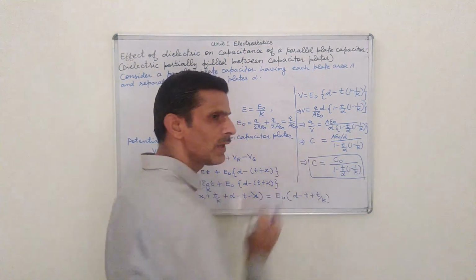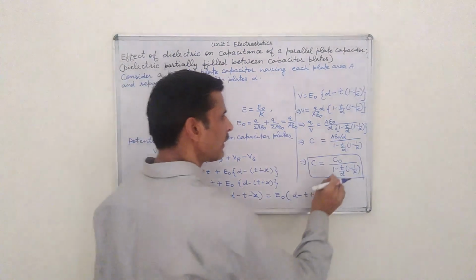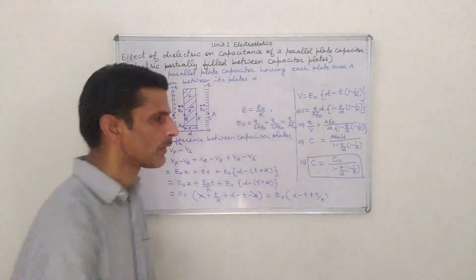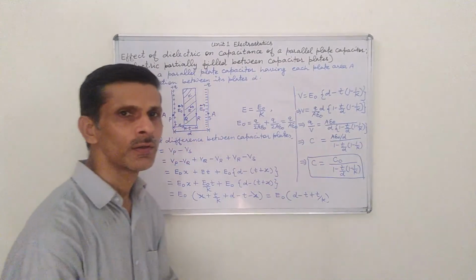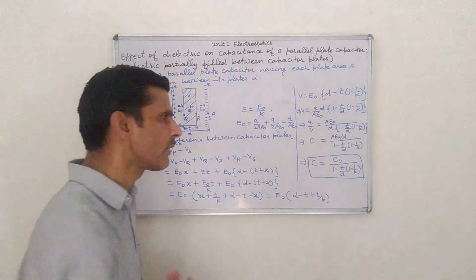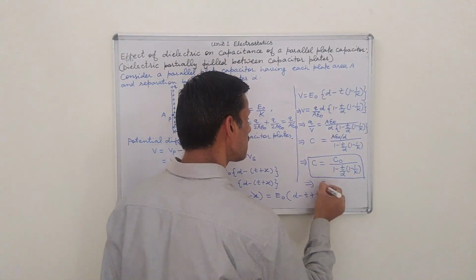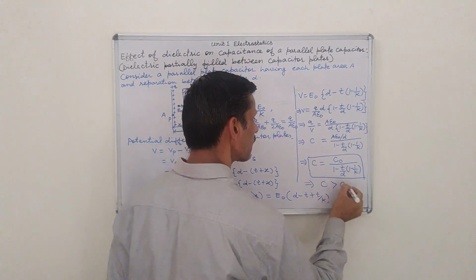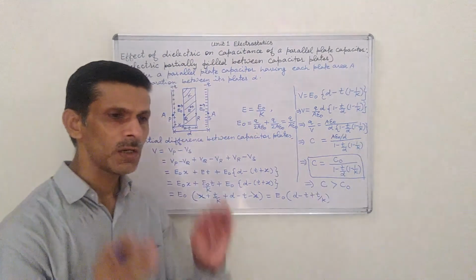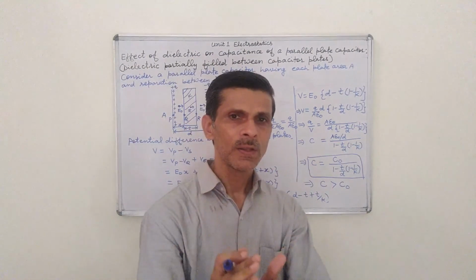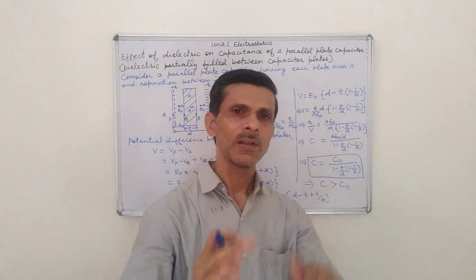T is less than D. So the denominator is less than 1 and positive. So this implies C is greater than C naught. Means in the presence of dielectric, the capacitance of the capacitor increases.